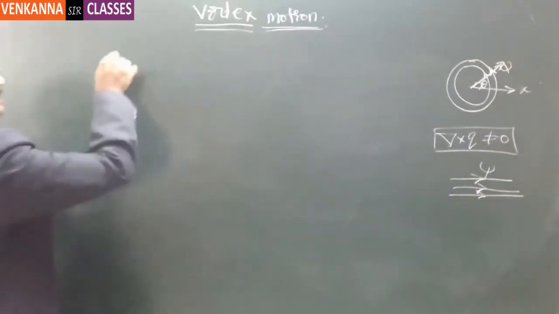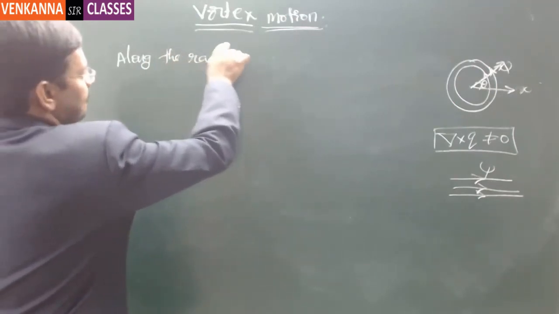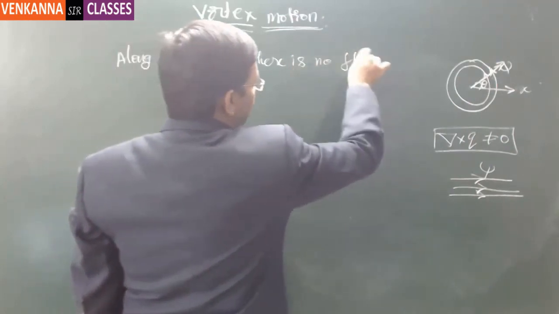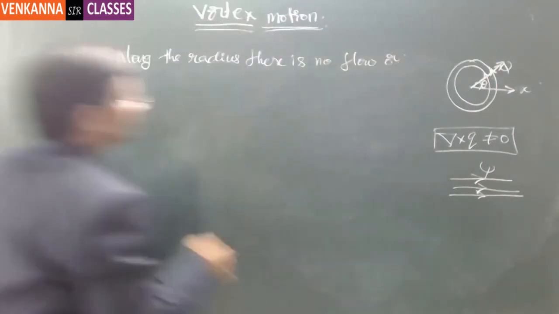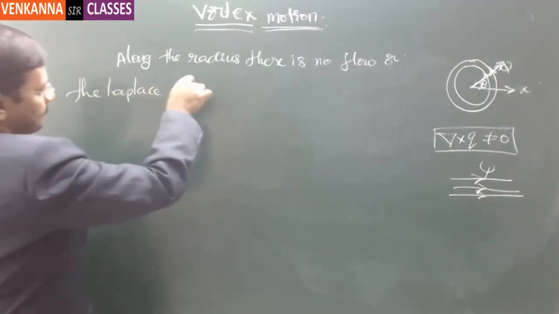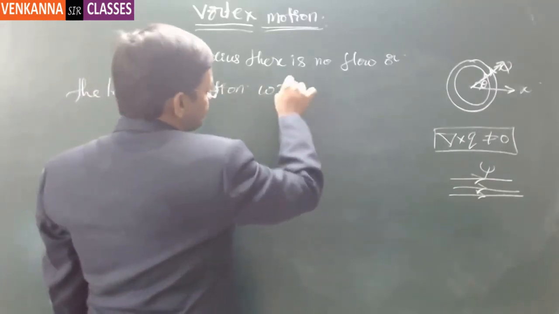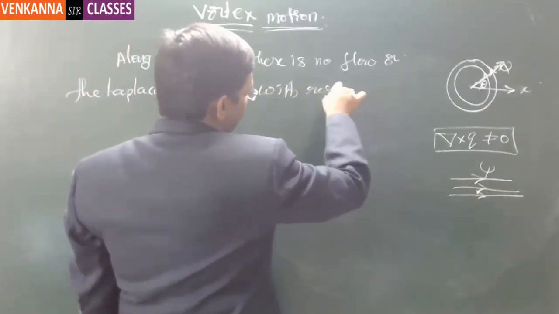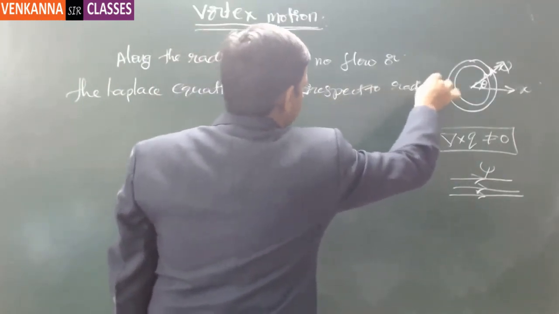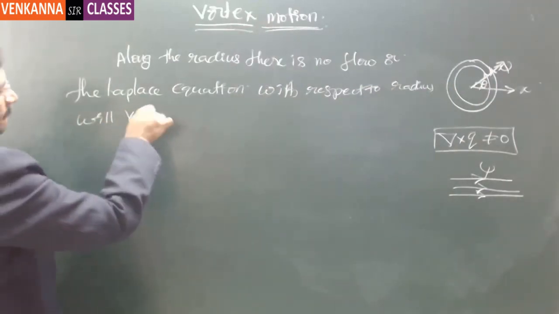That means along the radius there is no flow, correct or not? Or the Laplace equation with respect to radius will vanish. Why?